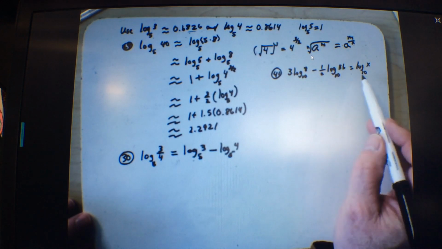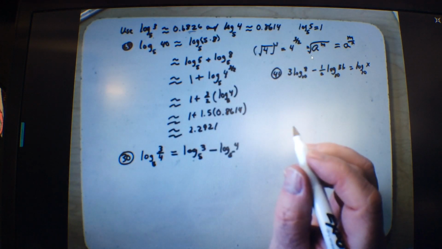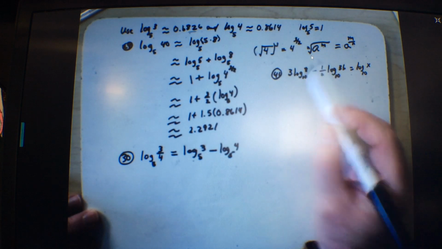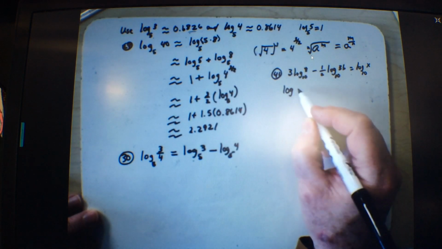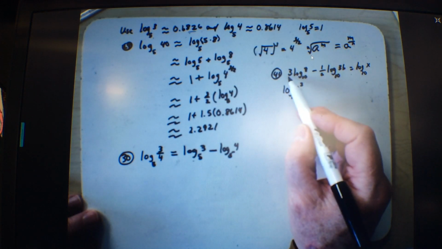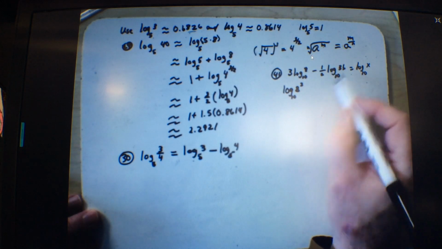All right. So this is expanded form. I want to condense it. I want to put it back to one single log. Do you understand that? So the first thing, I'm going to reverse the power rule. So I'm going to go log of 8 to the 3rd power base 10. Notice how I took the 3 that was out in front and I put it back up top here. I'm going to do the same with this.